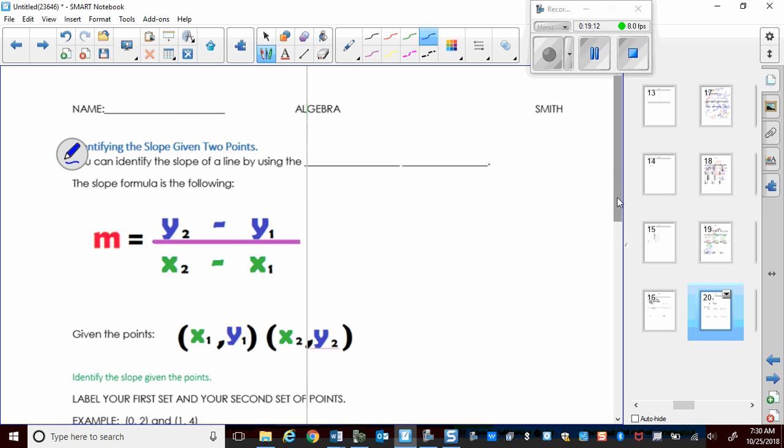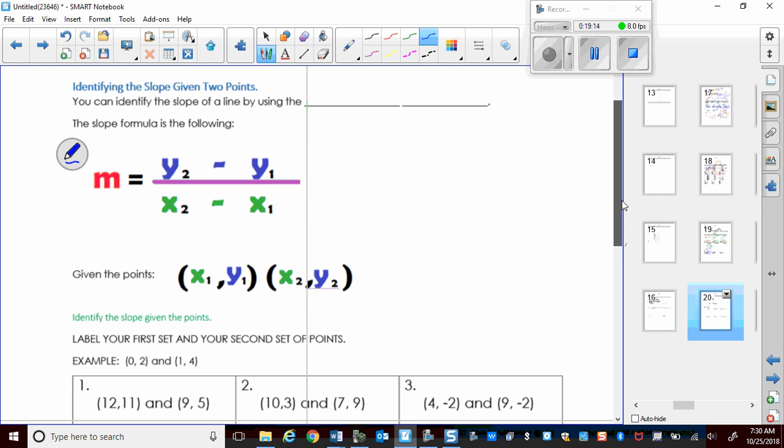The last thing we want to do is identify the slope given points. So you can identify the slope of a line by using the slope formula. What is the slope formula? It's essentially talking about the rise over the run. What we're going to do, you always need to do, is label the sets of points that you're given.